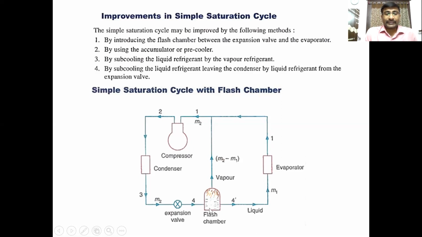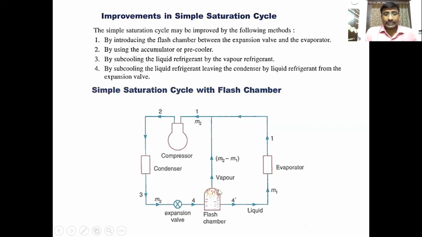We do not require any vapor passing to the evaporator because vapor does not absorb the heat from the required space in the evaporator. Only liquid absorbs the heat, the latent heat, to increase the refrigeration effect. That's why we are placing the flash chamber here after the expansion valve.